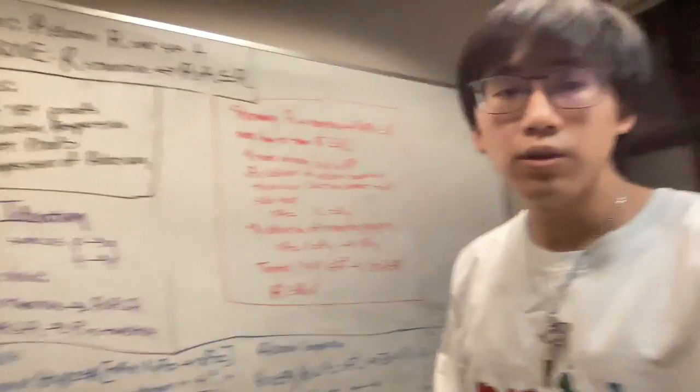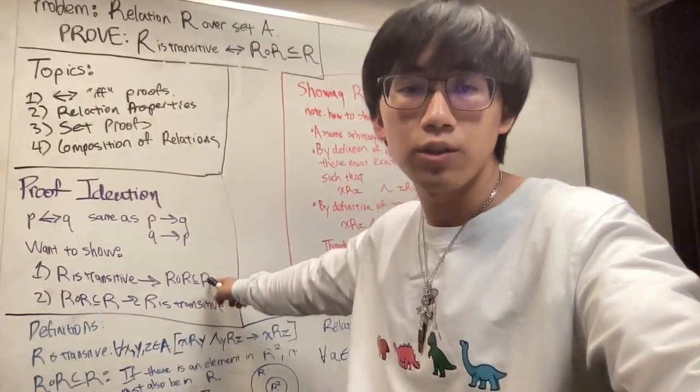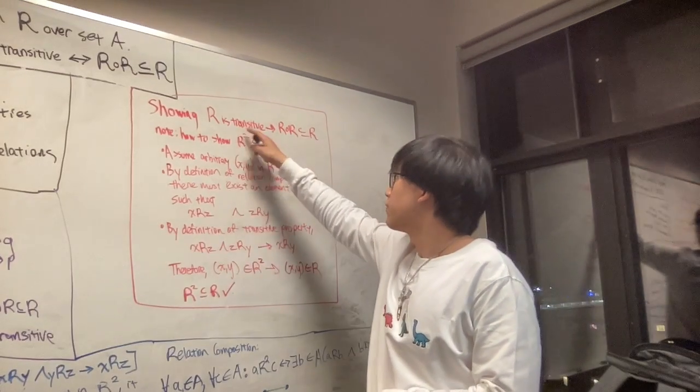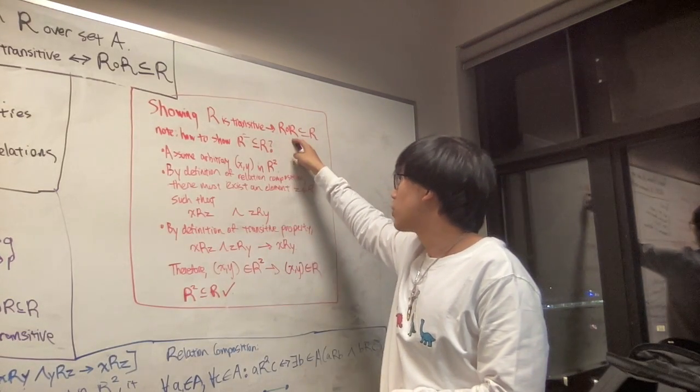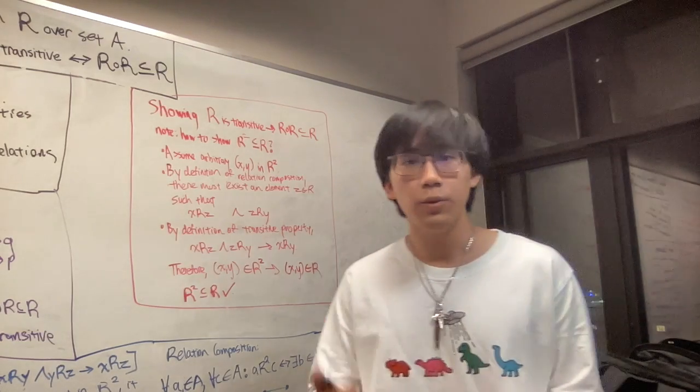So the first thing that we want to do is show the first one. For the first mini proof, we want to show that if R is transitive, then R squared must be a subset of R. How can we go about doing that?